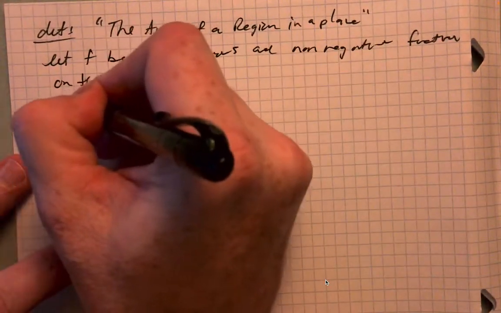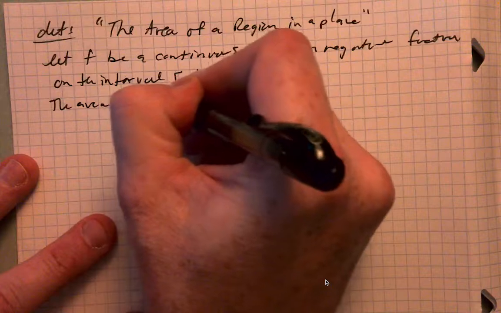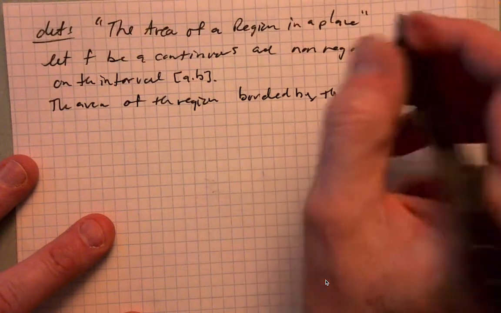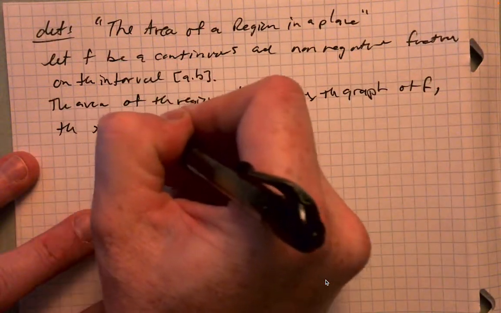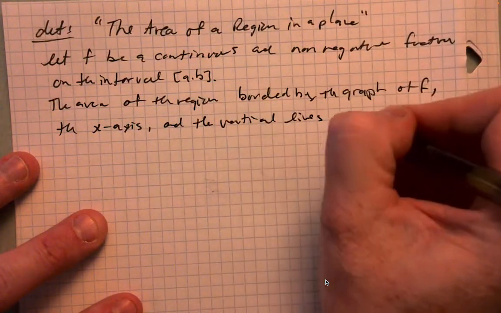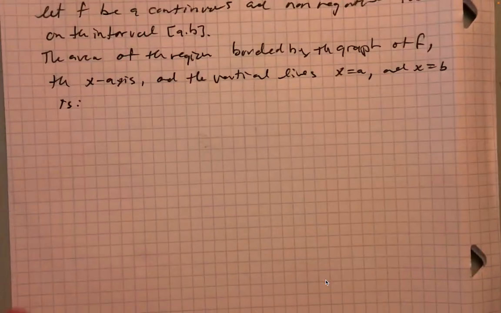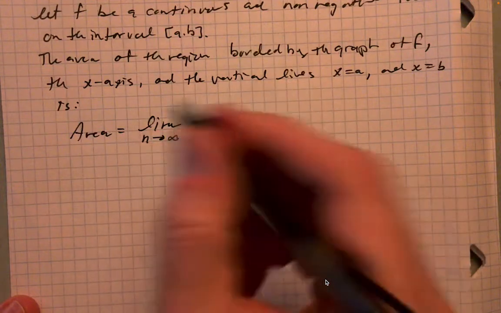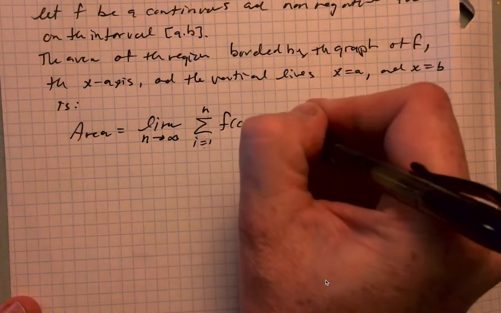The area of the region bounded by the graph of f, of course, the x-axis, and the vertical lines x equals a and x equals b is, here we go: area equals the limit as n goes to infinity of the sum from i equals 1 up to n of f of ci times delta x.